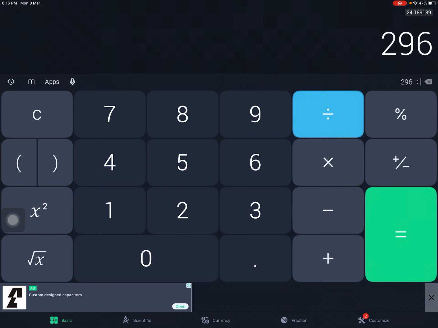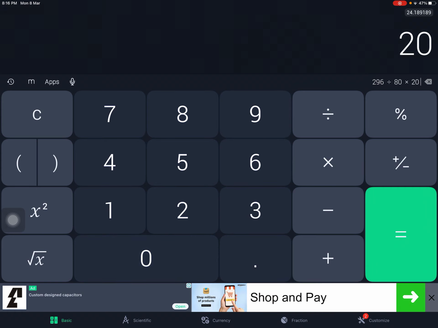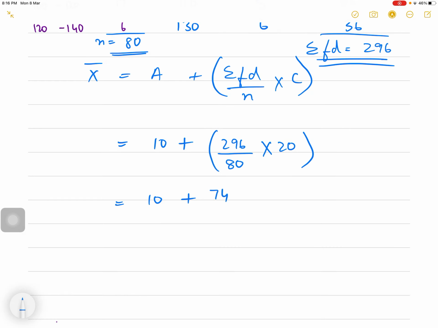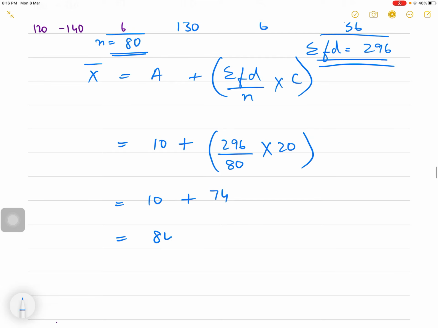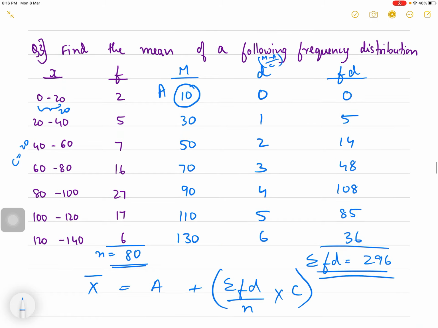You get 74. So 10 plus 74 is 84. So arithmetic mean of this given problem is 84.